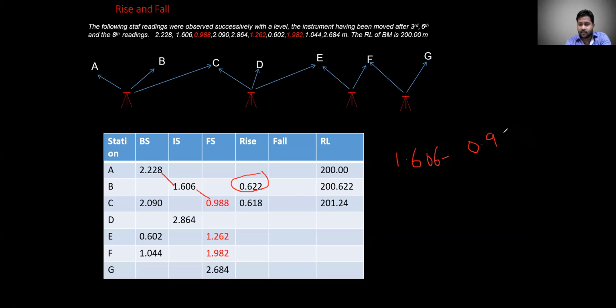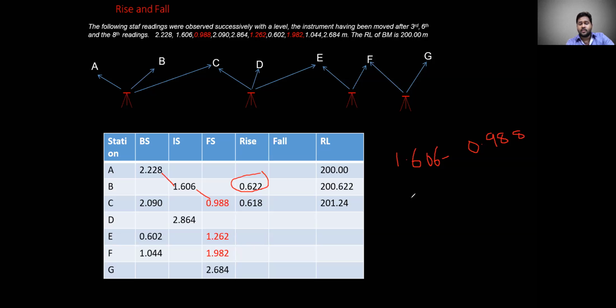If you subtract 1.606 minus 0.988, you will get 0.618. This value we get by subtracting these two, and that gives you the rise. If you are getting a positive value, then we need to take it as a rise. If you are getting a negative value, then we need to write it as a fall. Here we are getting a positive value, so we need to take a rise.